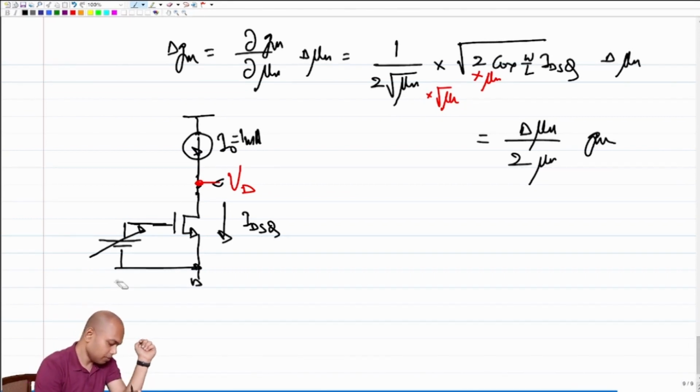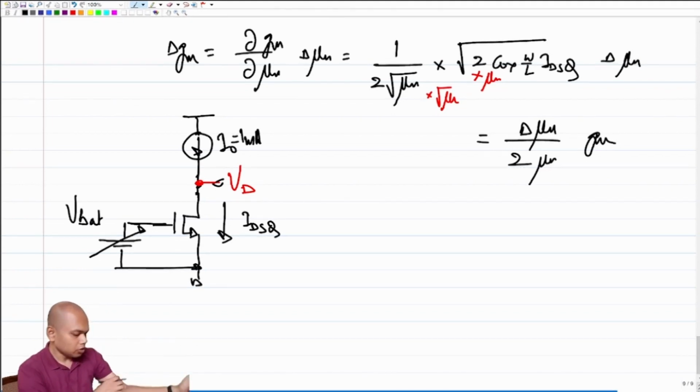So if I connect this arbitrary battery VBAT, and let's say I put some arbitrary voltage, 2 volt, and I did my calculation.